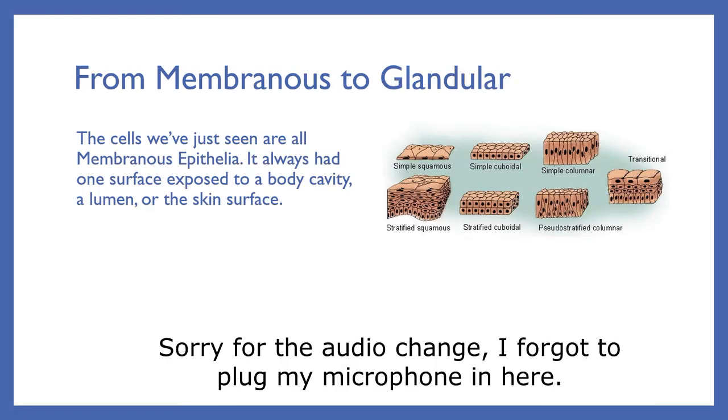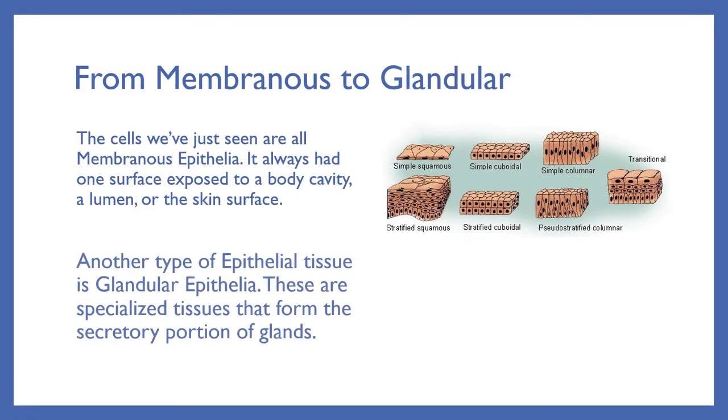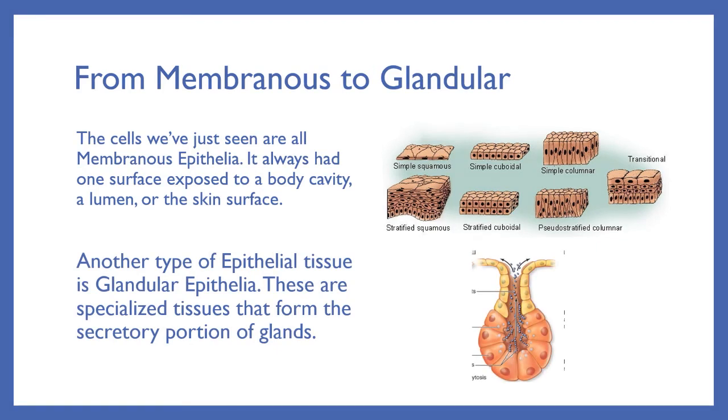The cells we've just seen are all membranous epithelial. It's always had one surface exposed to a body cavity, a lumen, that is like the opening through the intestines, or the skin surface. There's another type, though, that's called glandular epithelial. These cells are specialized to secrete.